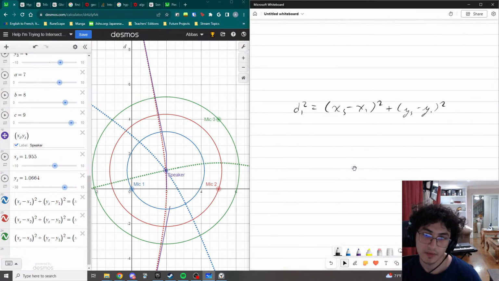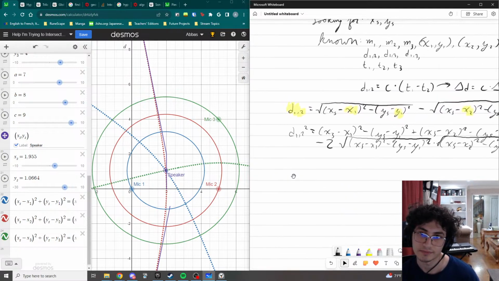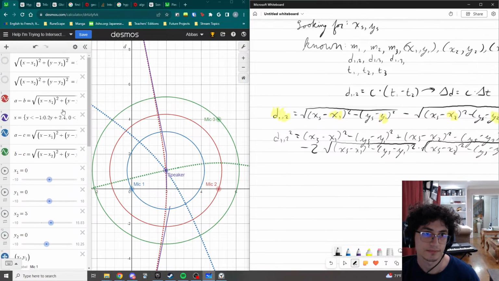And then I'm looking at d2 squared is equal to (xs minus x2) squared plus (ys minus y2) squared, right? No, not right. Oh, these are supposed to be pluses. I don't know why I did minus. They're supposed to all be plus. Why did I do minus? Pythagorean theorem.